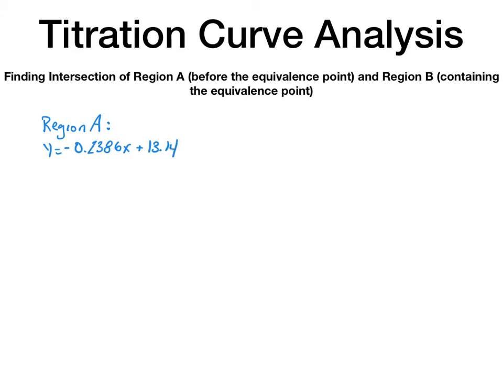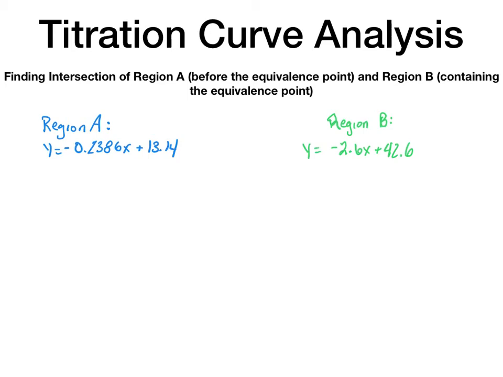And region B had the equation of best fit of y equals negative 2.6x plus 42.6.